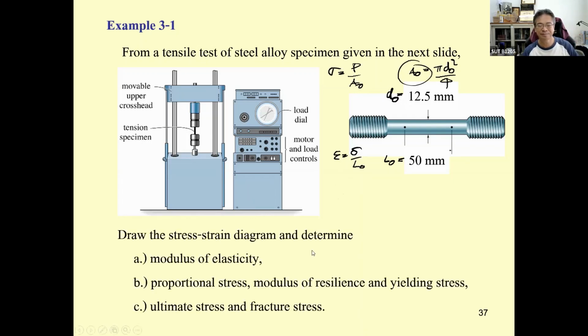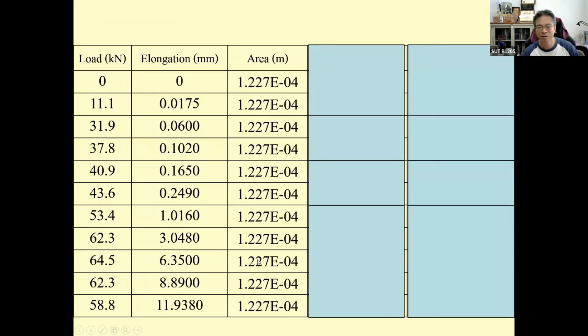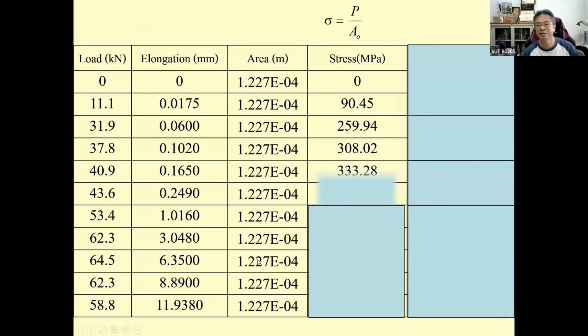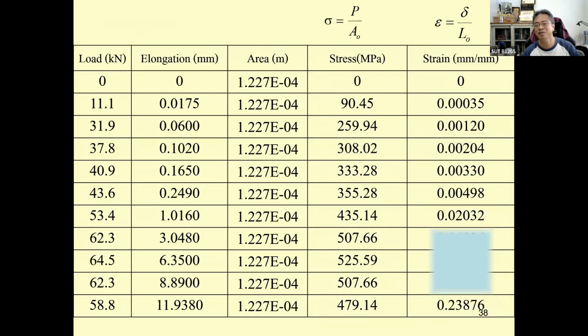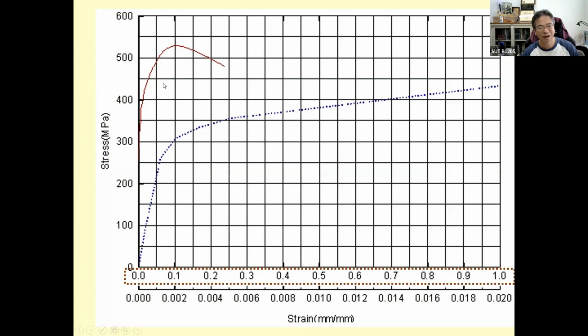And then again, they ask you to plot the graph. When you plot the graph, you have to use a proper scale, the same as when you do your homework. Now you determine the mechanical properties of the material.